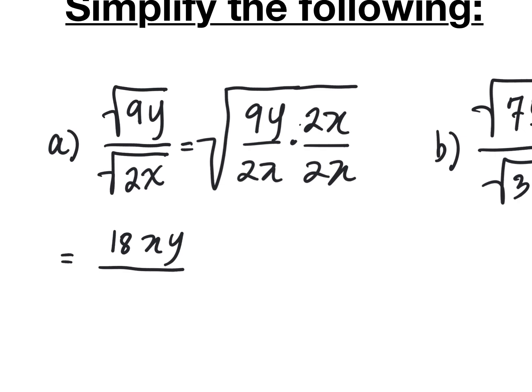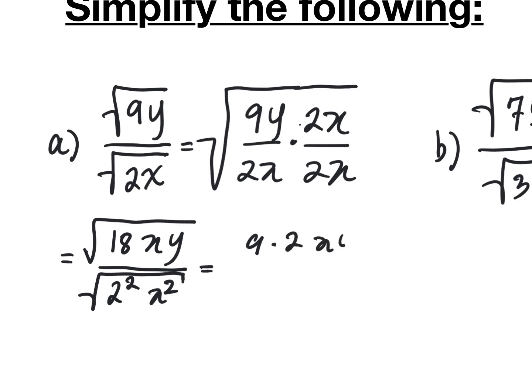So that's now going to give you 18xy over, let me not forget that one, 2 squared and then x squared, all under my radical sign. Okay, 18 is going to be 9 times 2xy, and this one is just going to be 2x.